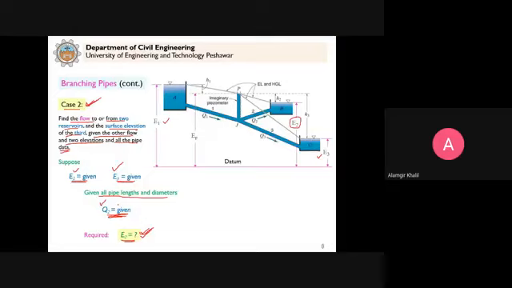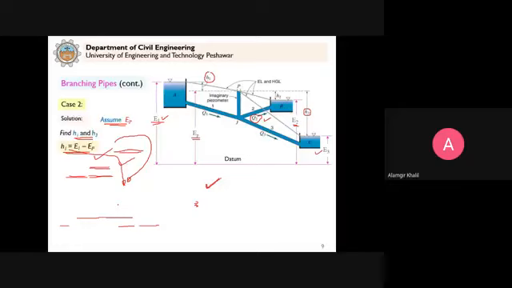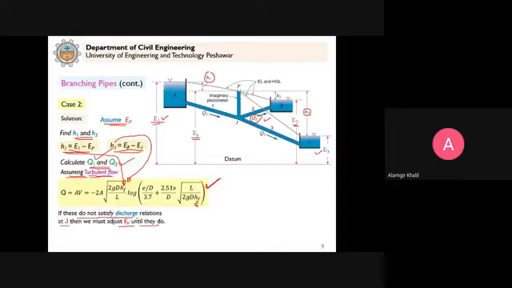So what we did essentially in the steps is that we calculated Q1 and Q3. So now we will apply the continuity at this junction J. At this point, we will apply the continuity.